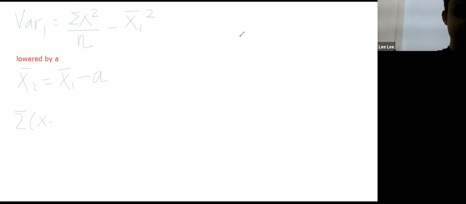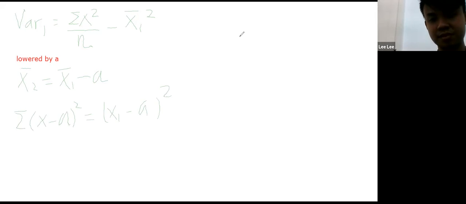It becomes sigma x minus A squared. What does it mean? Each of the x, you minus with A, then you square, and you add it until xn minus A squared.